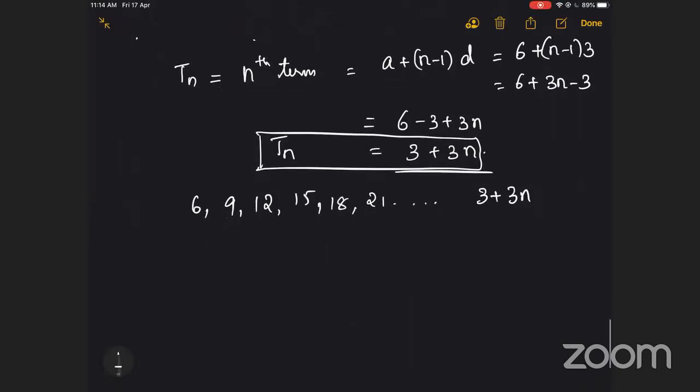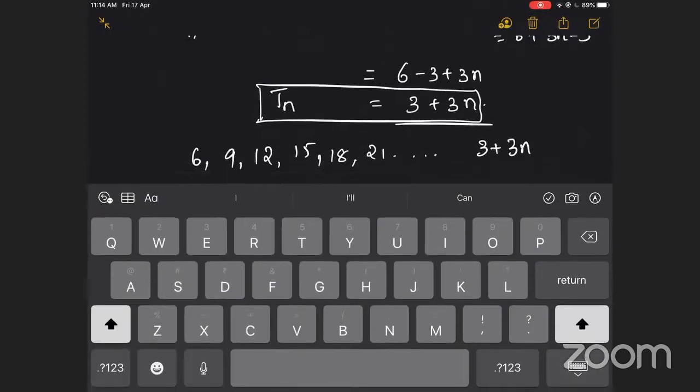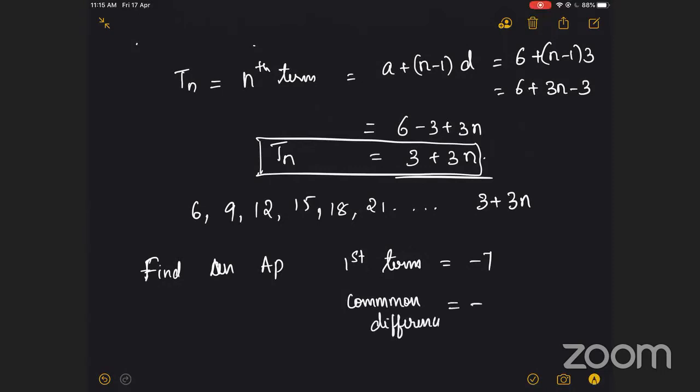Okay. So similarly, we shall do one more example. Find an AP where the first term is -7 and the common difference is -2.